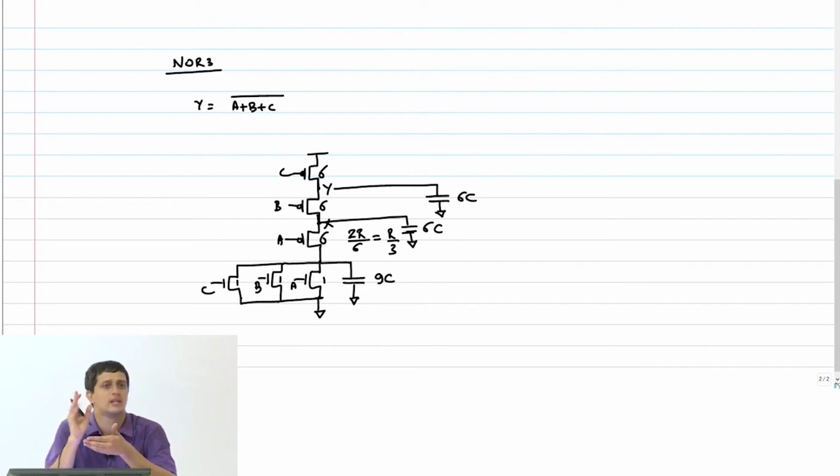That depends on how you lay them out, and it can vary from person to person. There will be multiple ways of doing it also. So just keep in mind that when there is clearly a shared uncontacted diffusion, don't double count the capacitance. That's a very reasonable approximation, and it is also valid in reality, but it's not easily extendable to every single case of layout that we do.